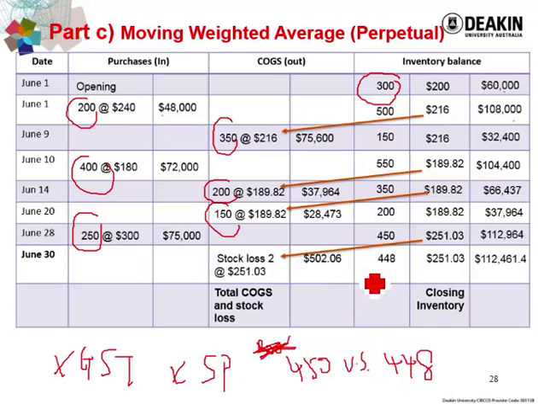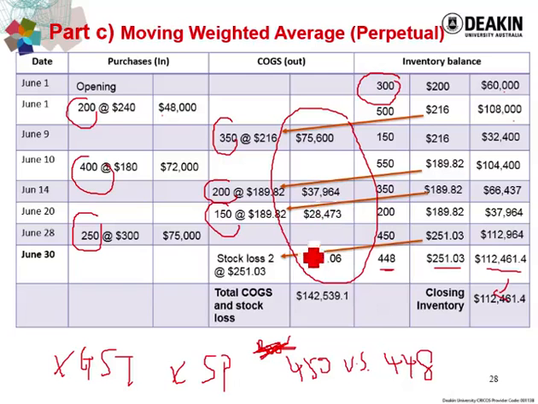And our closing balance will be based on 448 units at 251.03 each. That gives us 112,461.4 as the closing inventory. And we sum up the middle column figure, that will give us 142,539.1 for both cost of goods sold and stock loss.